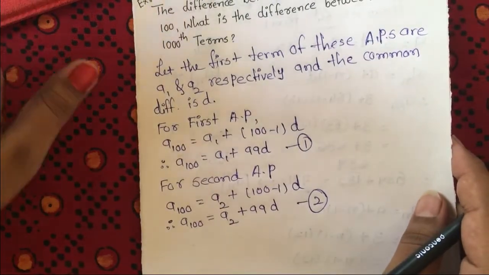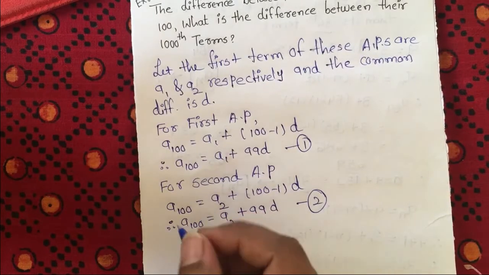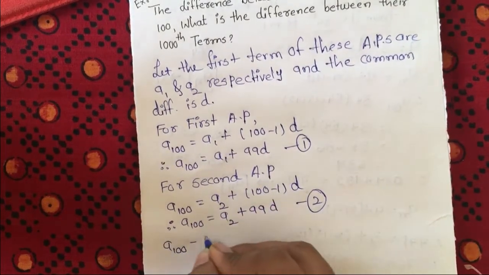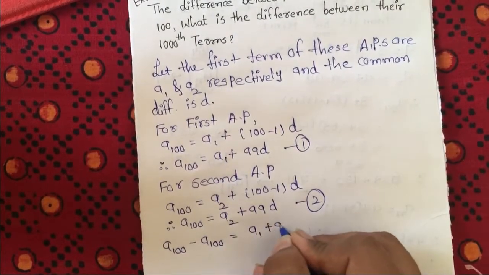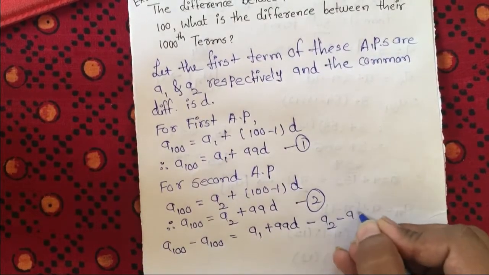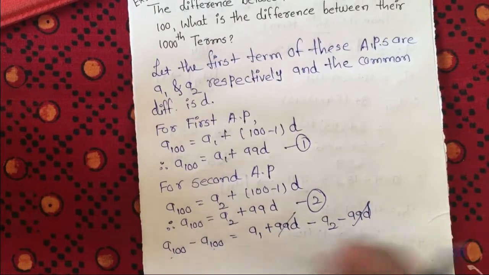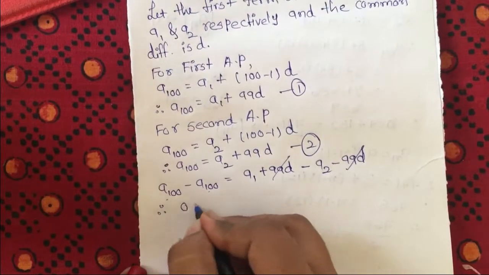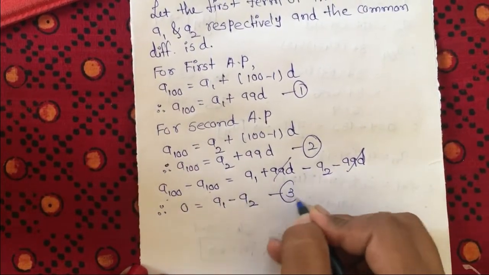That is A100 minus A100 is equals to A1 plus 99D minus A2 minus 99D. So ये हो जाएगा कट and this gets cancelled, so the value will be 0. Okay, so therefore 0 is equals to A1 minus A2. Okay, so this is the equation number 3.